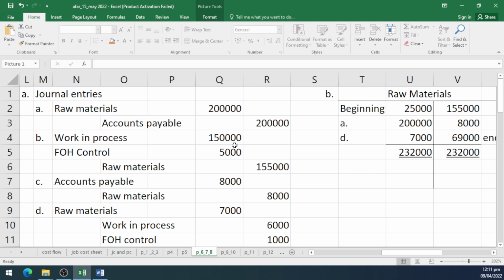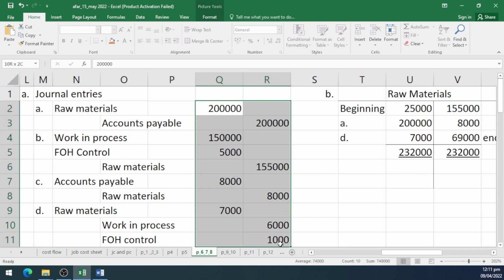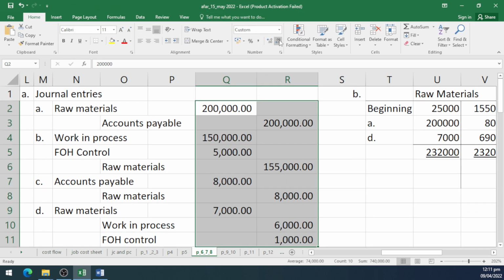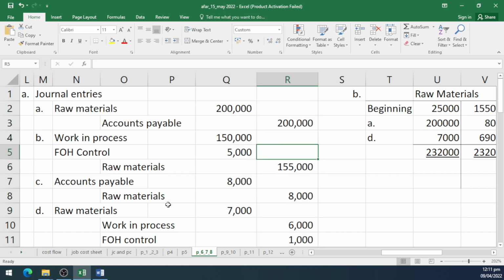So, debit to work in process, debit to factory overhead control, and of course, credit to raw materials for 155,000. Okay. Then, to record the return to suppliers, debit accounts payable, and credit to raw materials. That's for the transaction letter C.